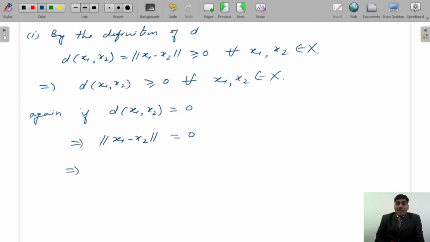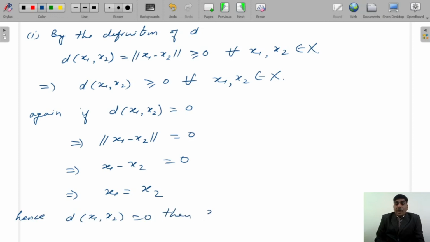This implies x1 minus x2 is equal to 0. This implies x1 is equal to x2. Hence, if d(x1, x2) is equal to 0, then x1 is equal to x2.